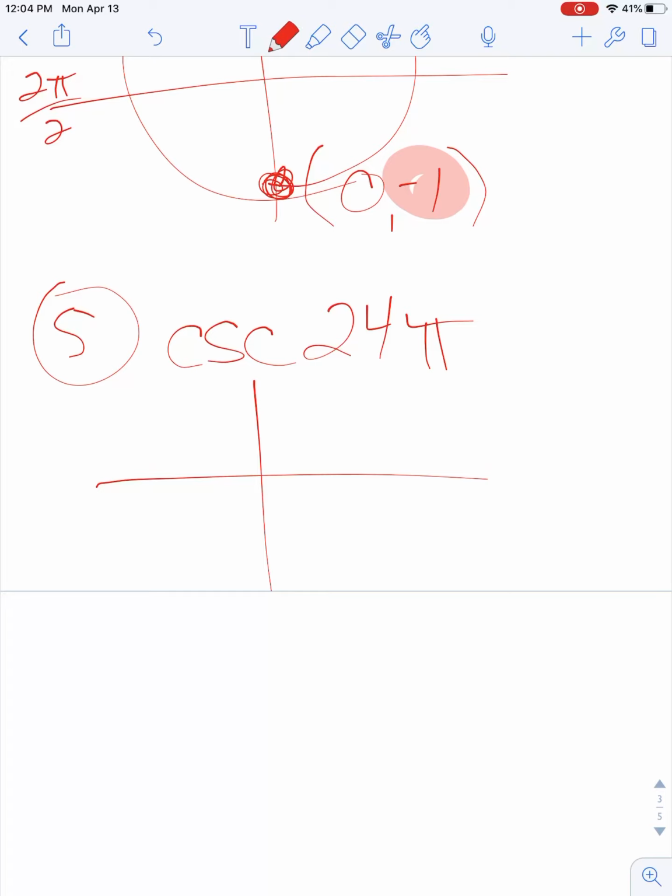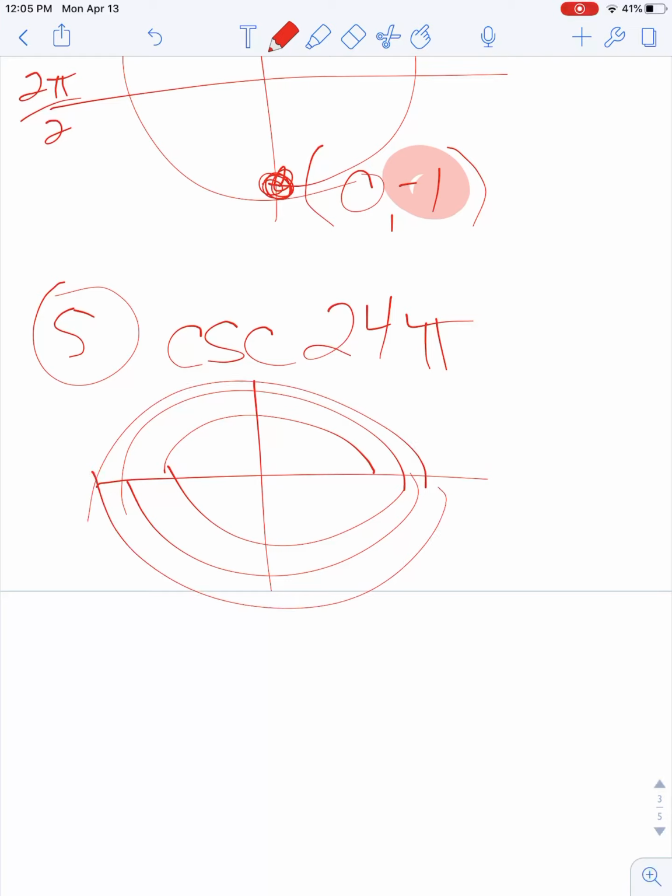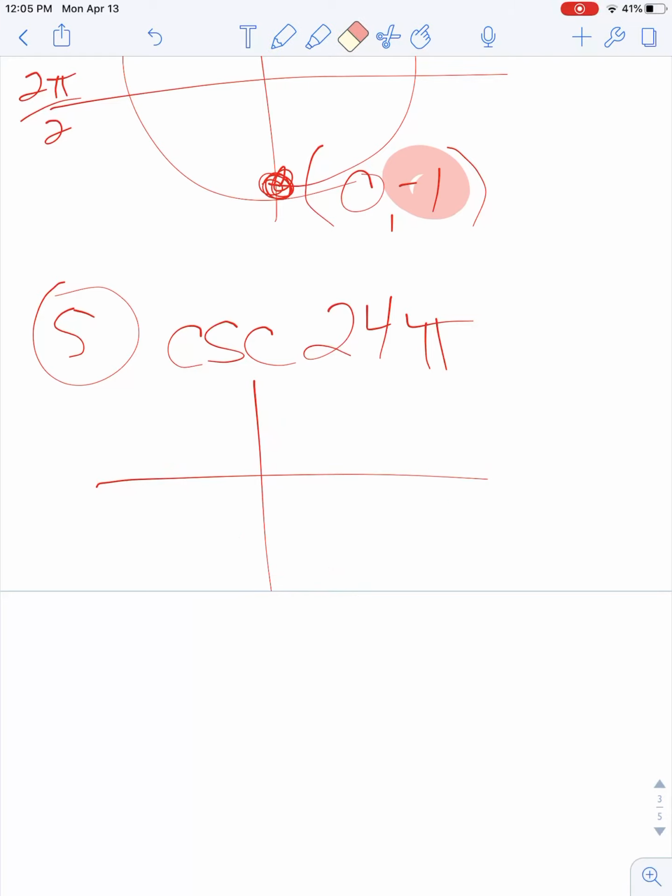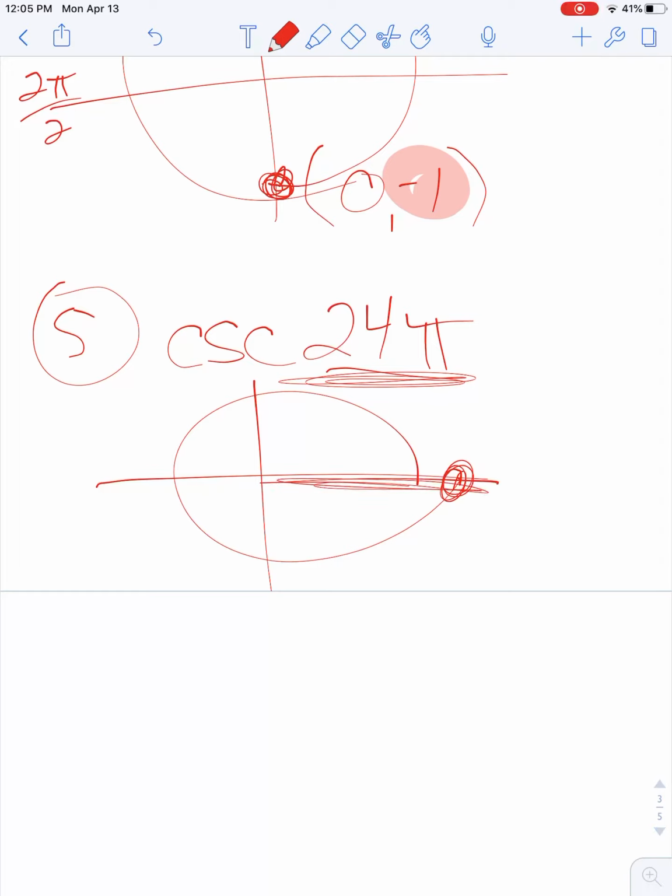Or you could do it this way too: 1 pi, 2 pi, 3 pi, 4 pi, 5 pi, 6 pi. What's happening every time we're at an even number? We're right back here. 24 pi is coterminal with 2 pi or with 0. So we're right here at the ordered pair (1, 0).